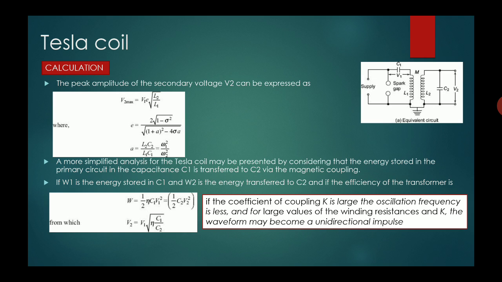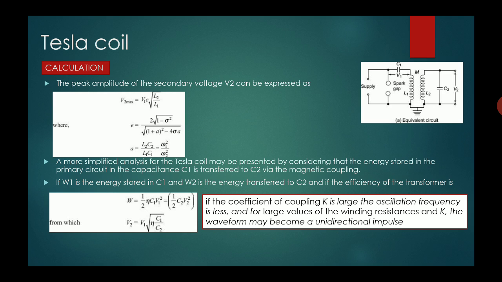If W1 is the energy stored in C1 and W2 is the energy stored in C2, and if the efficiency of the transformer is eta, then W2 is equal to half C2 V2 square, from which we have V2 equal to V1 into the square root of eta C1 by C2.